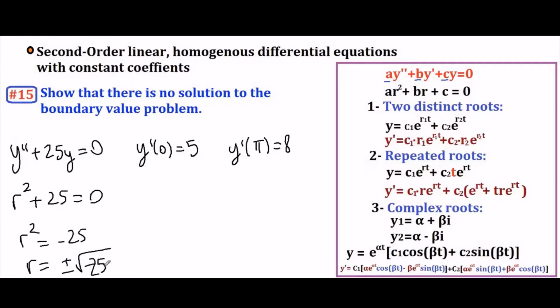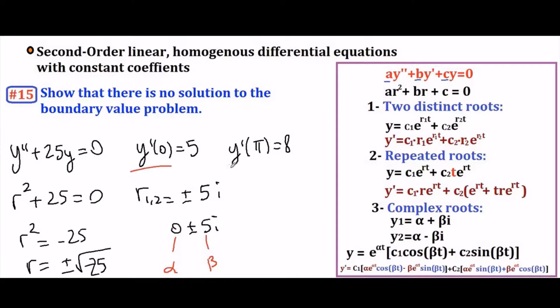The square root of negative 25 is 5i. So r1, r2 is equal to 0 plus or minus 5i, because our real part is not existing. So our alpha is 0, our beta is 5.